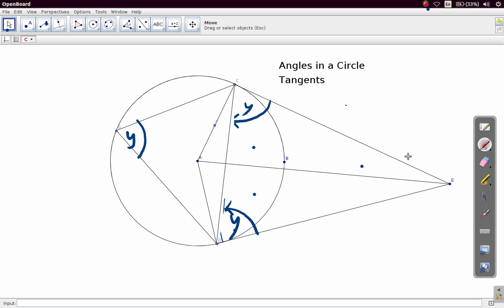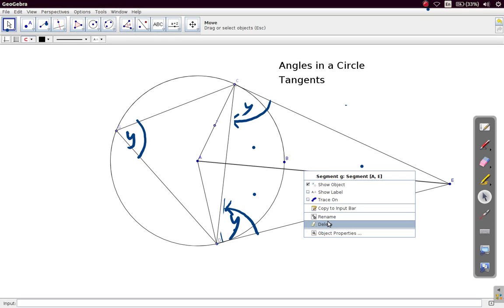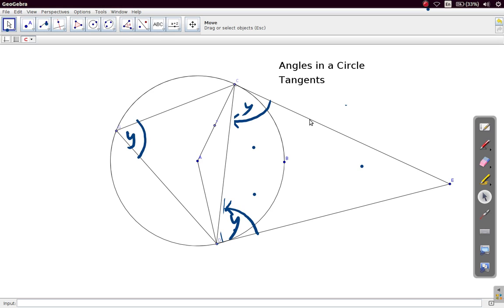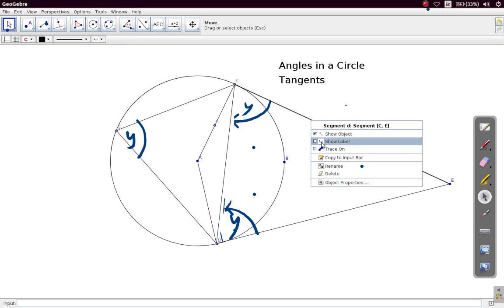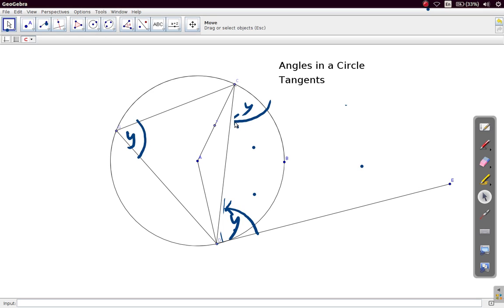Now, if I should remove some of these lines, let me remove this one, delete. Let me just delete this. I won't delete this one.